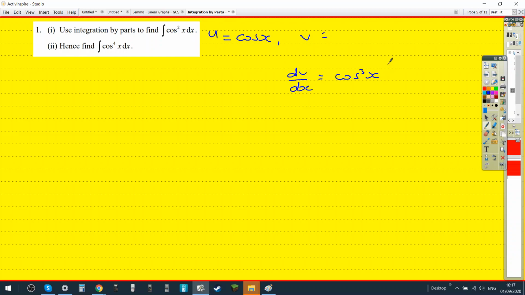So du by dx is minus sine x, and the integral of cos cubed x. I can differentiate that, but I don't know how to integrate it.